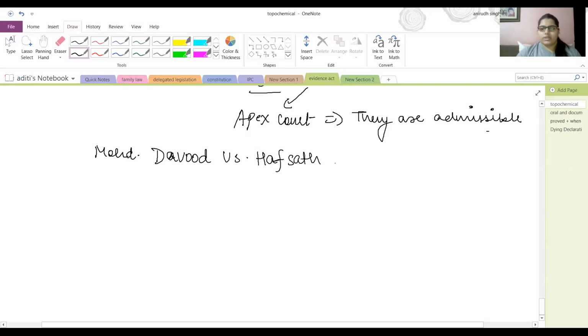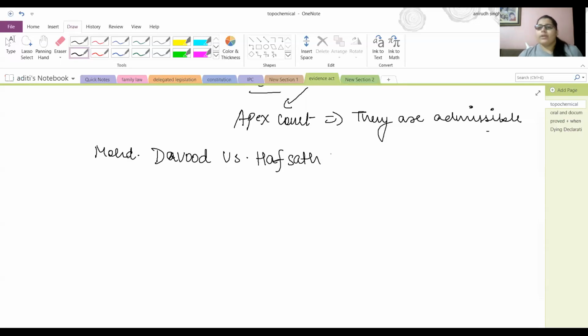Let's suppose that there is a custom in India that during the marriage of the daughter, the parents give dowry to the family of the husband. So let's suppose you want to ascertain how much dowry was given at the time of the marriage of your daughter, or you want to recover the money or the ornaments you have given.